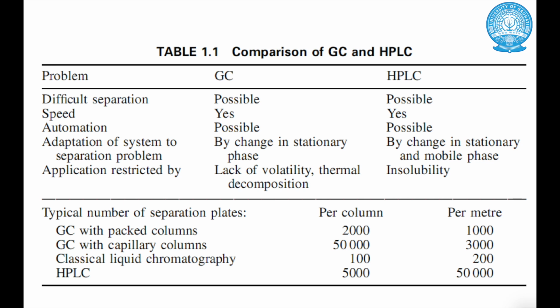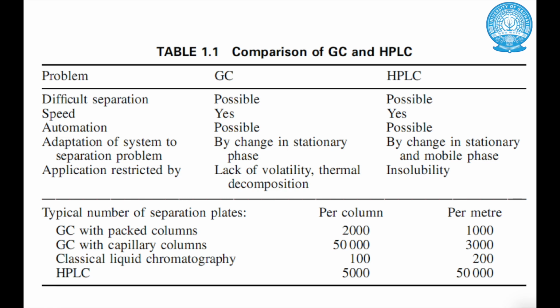In terms of sensitivity, the points of comparison shown here are, a gas chromatography column has around 20,000 separation plates. What is a separation plate?